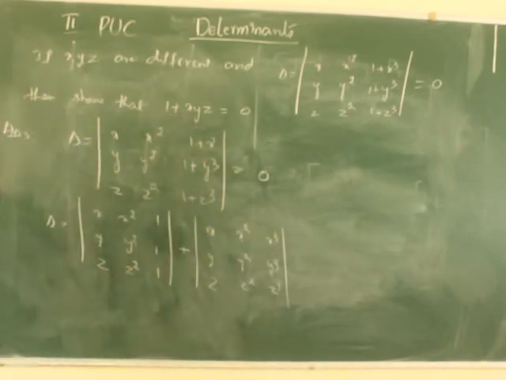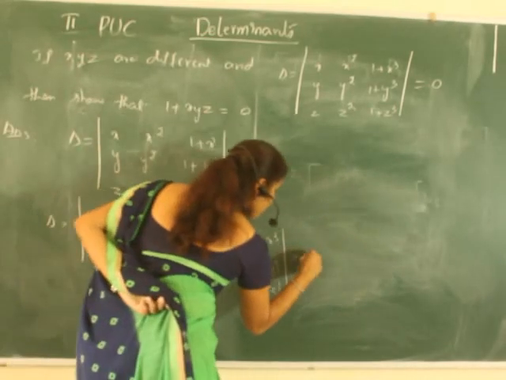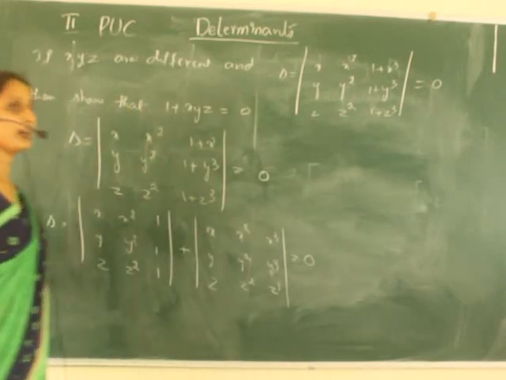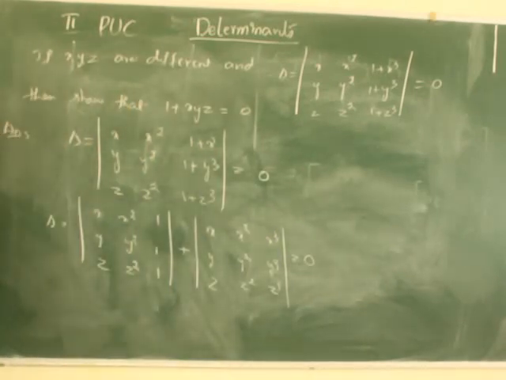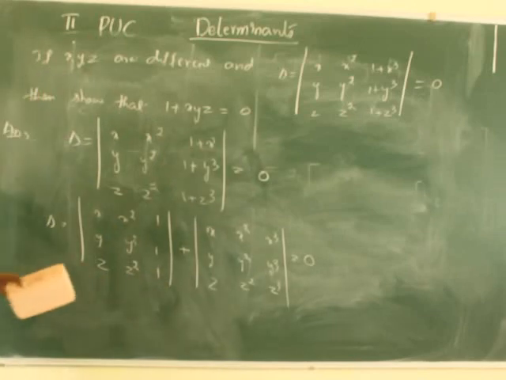I have expressed it as a sum of two determinants, and this will again be equal to 0. Next, we have to get the answer 1 plus xyz equal to 0.